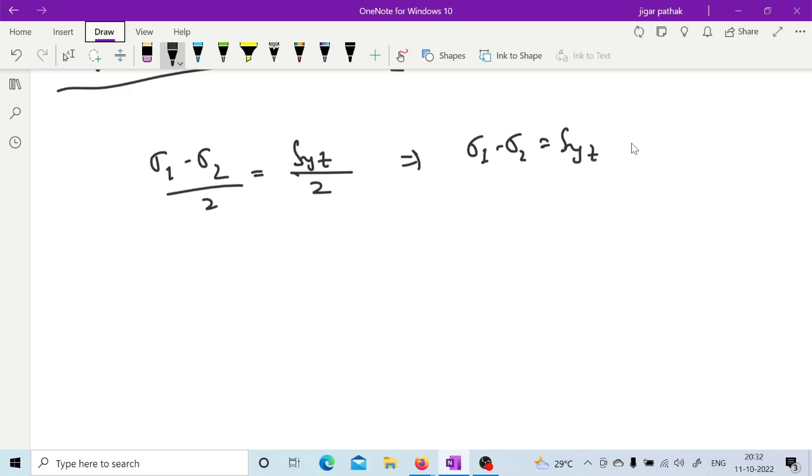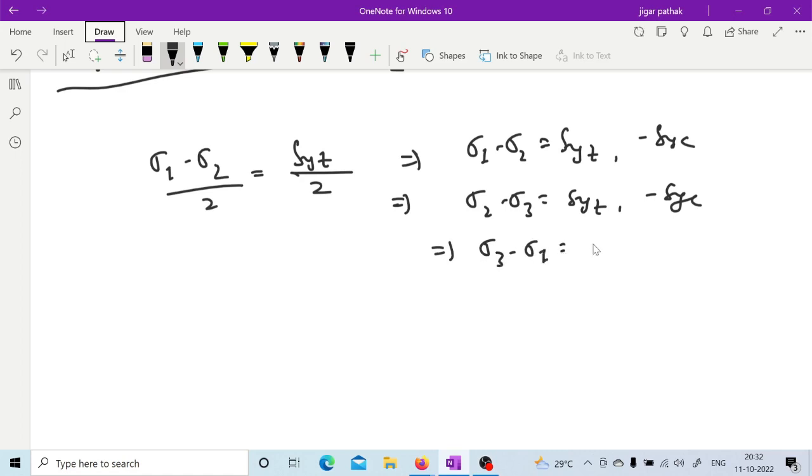You can use factor of safety also if you require, but we can write like this for all the three planes: sigma 2 minus sigma 3 is equal to Syt, and in case of compression it can be written as sigma yield under compression, so sigma 3 minus sigma 1 is equal to Syt minus Syc.